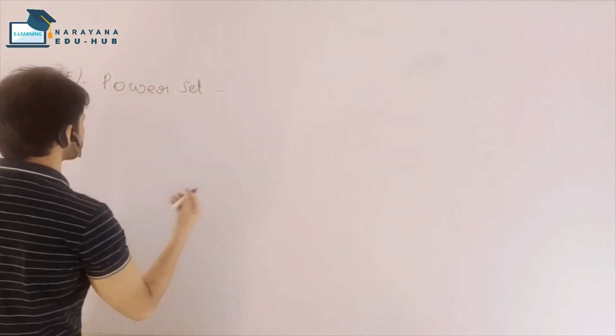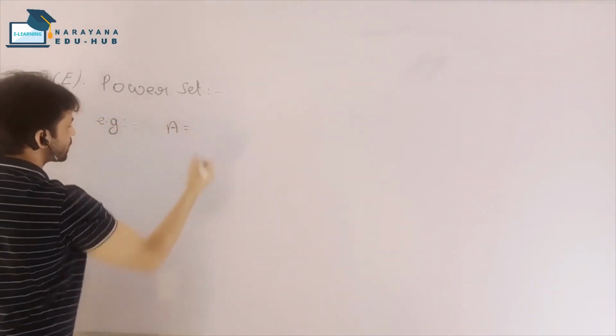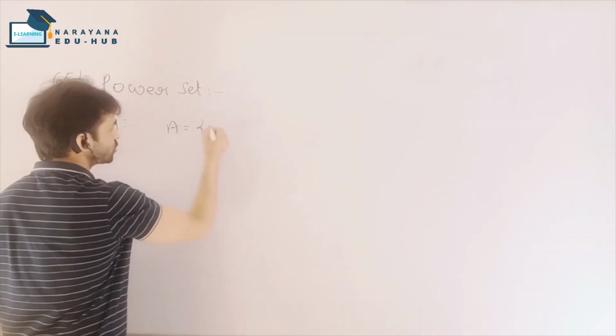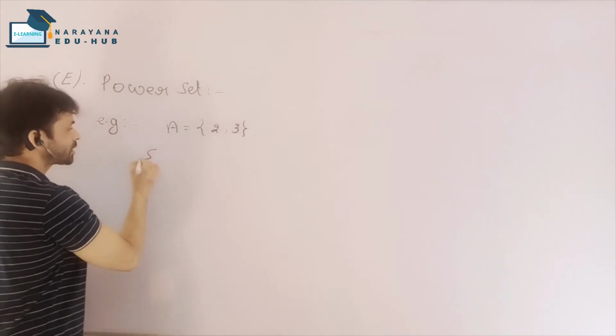So we have a set A, let's say, set of 2, 3. Then we know we can write subsets.